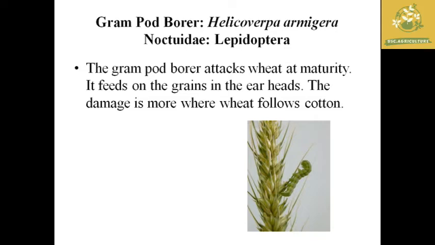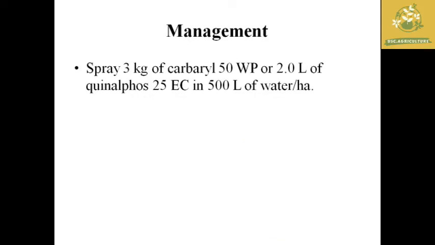Gram pods of the matured wheat grains, so it damages more wheat, followed by cotton. Based on their host, wheat has more damage than the other crops. And the management practices for Helicoverpa armigera are spraying 3 kg of carbaryl 50 WP, or else 2 liters of quinalphos 25 EC in 500 liters of water per hectare is an effective one.